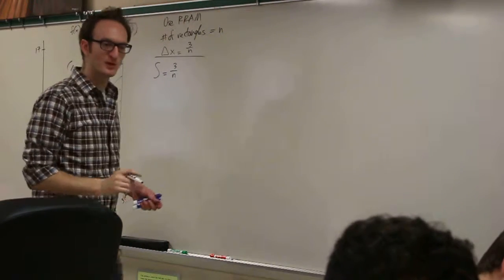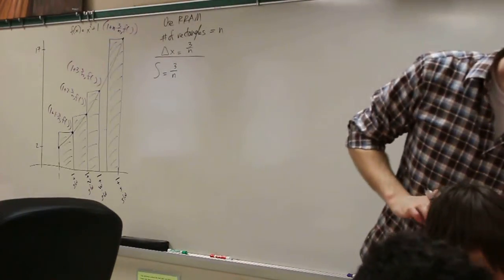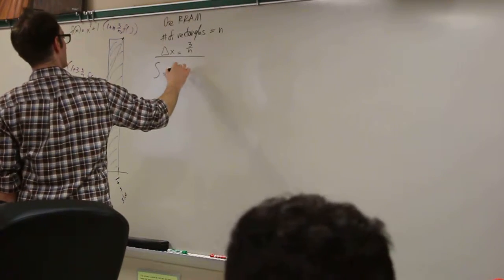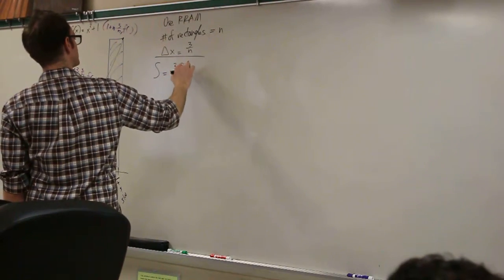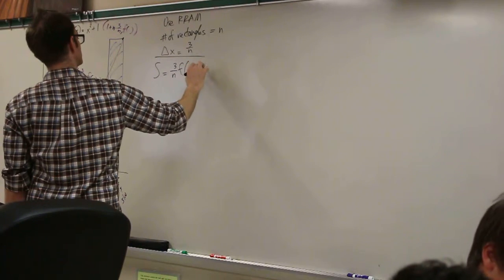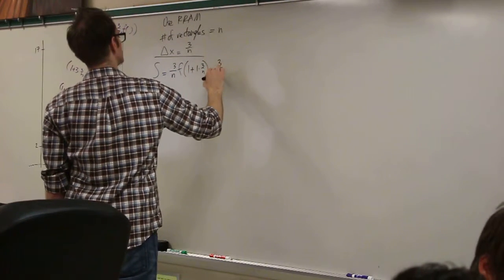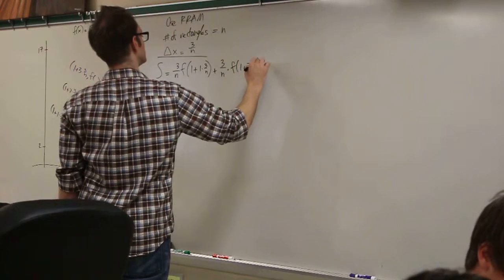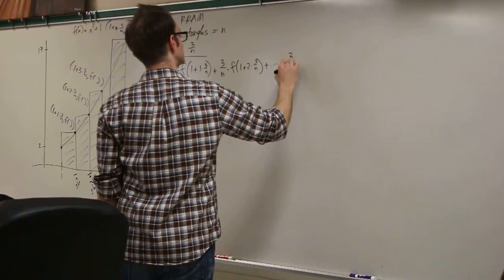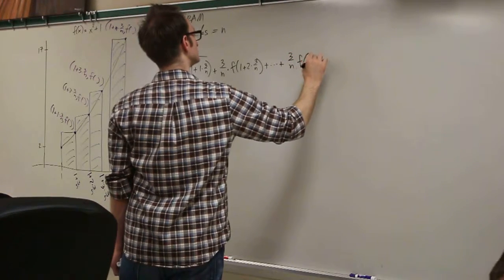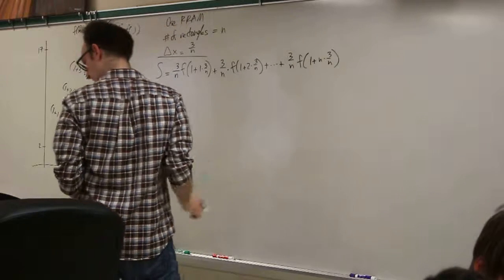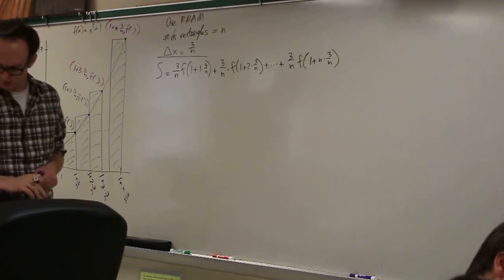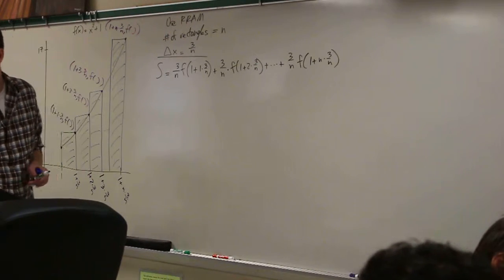Perfect. All right, and then what's the width of each rectangle? 3 over n. 3 over n, yeah. Yeah, but careful.